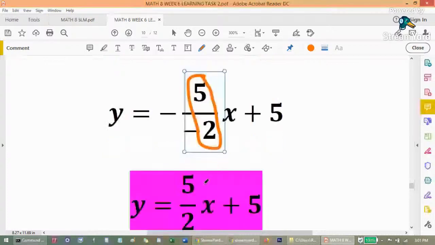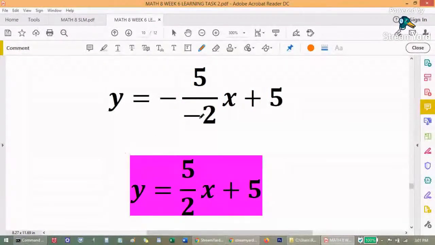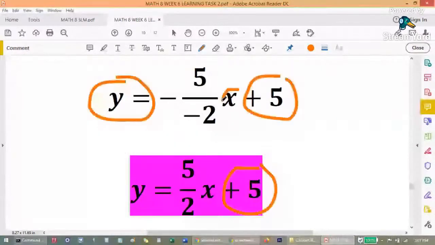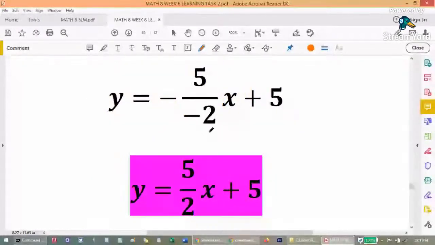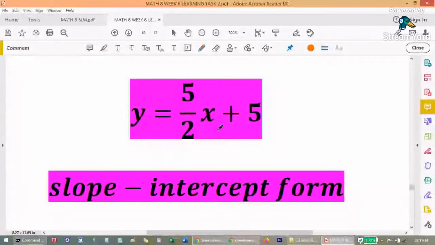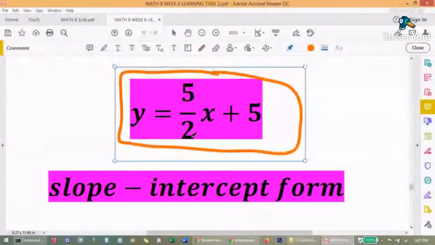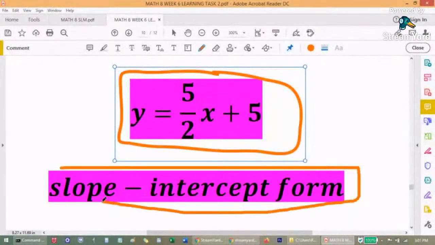Over 2, 5 over 2. Okay? And then 2x. And then, tong negative times negative, magiging positive 5 over 2. So, this is our equation in slope-intercept form.